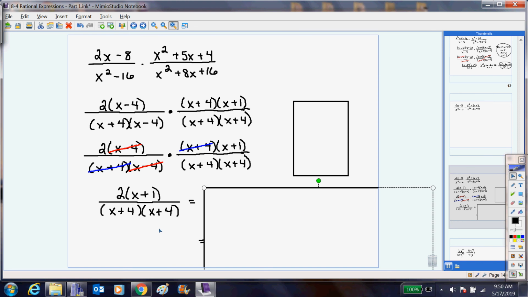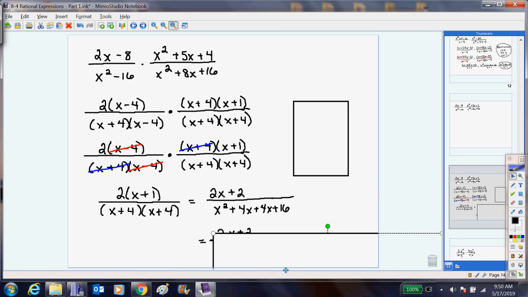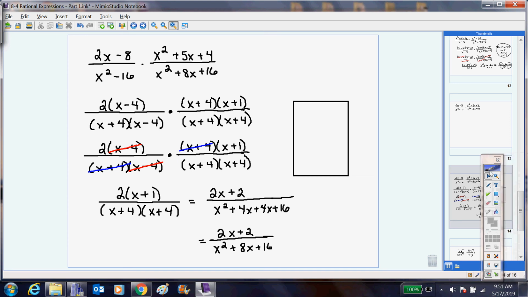So when you finish this out and you distribute, we end up getting this one back this time, just because everything else canceled. 2x plus 2. And then your last thing is always just to look for the restrictions. So what are those restrictions?